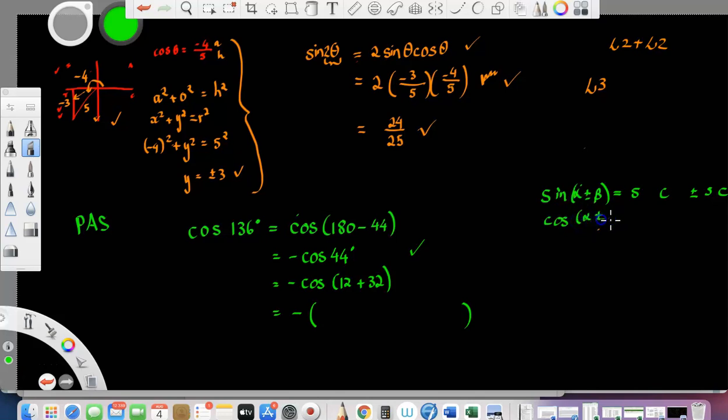So for cos of alpha plus beta, it is a minus. So if it's plus here, it's minus there. And now it's the same ratios: cos, cos, sine, sine. Okay, great. So it's cos 12 cos 32. And then because that's a plus, this one must be minus sine 12 sine 32. Now, look at that.